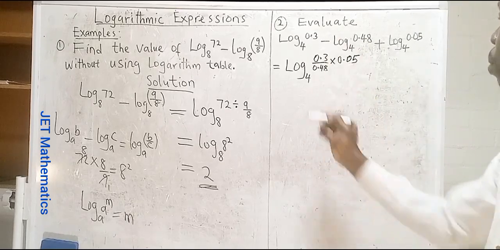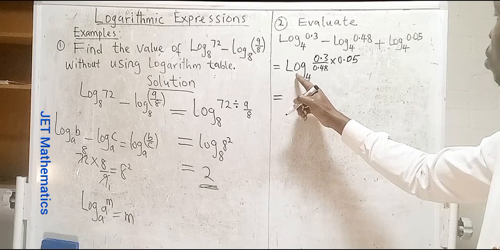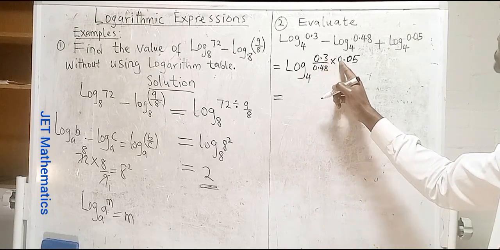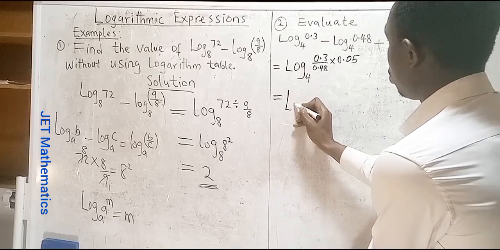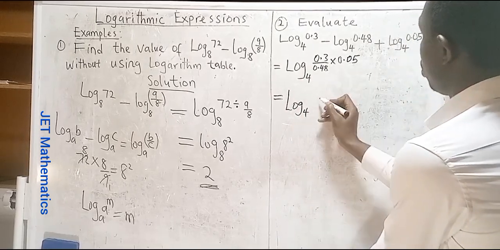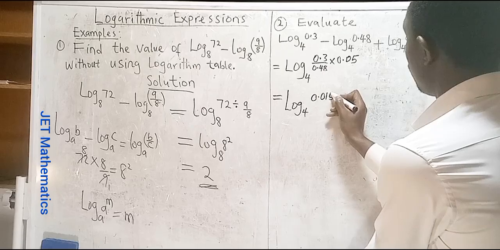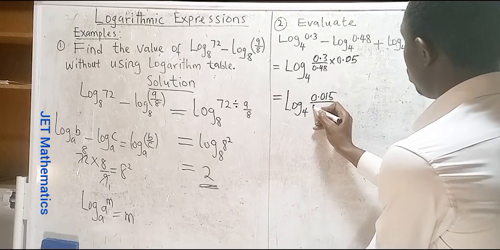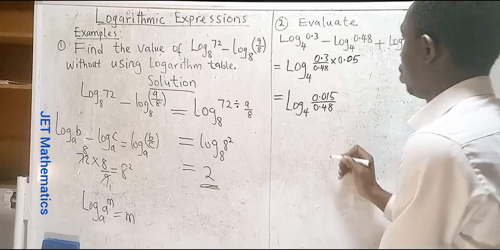Now we'll go further to simplify this. This gives us 0.3 times 0.05. That gives me log to base 4 of 0.015 over 0.48.